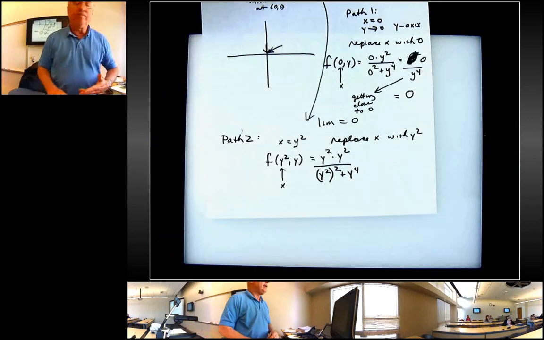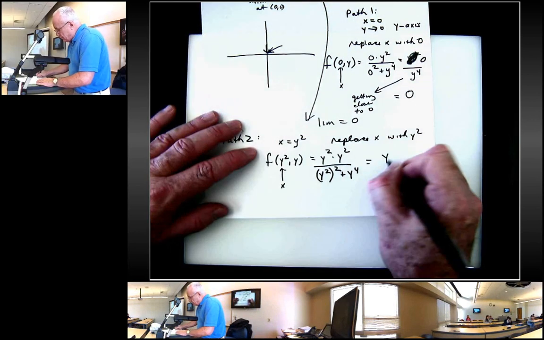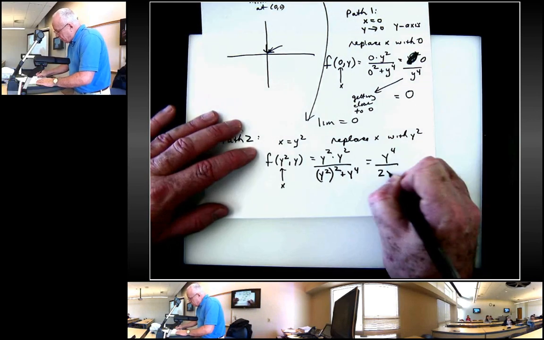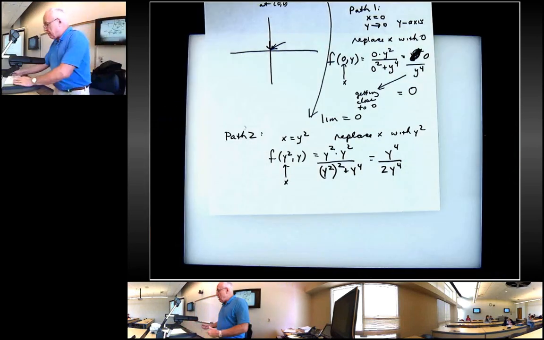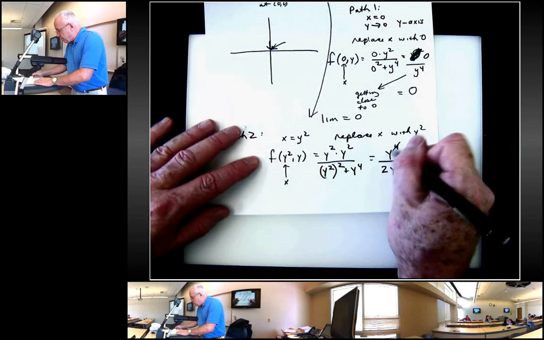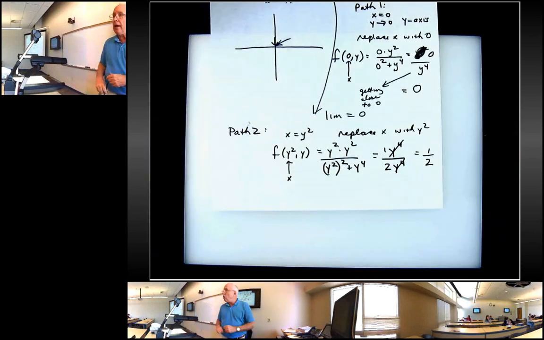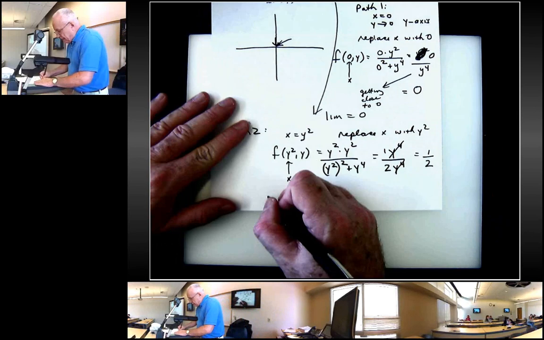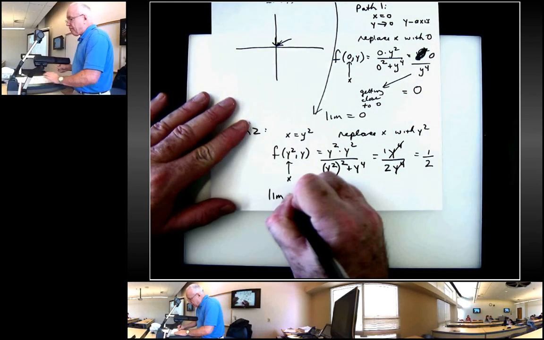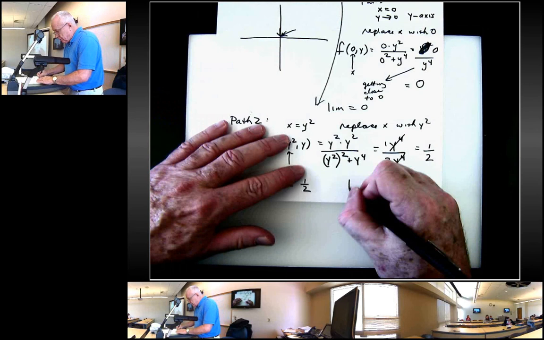Using rules of exponents, this is y to the 4th on top and 2y to the 4th in the denominator. Now, very nicely, the y to the 4th cancel out, and so along this path we have a limit of 1/2. So on this path the limit is equal to 1/2. Therefore, the limit of our function doesn't exist.